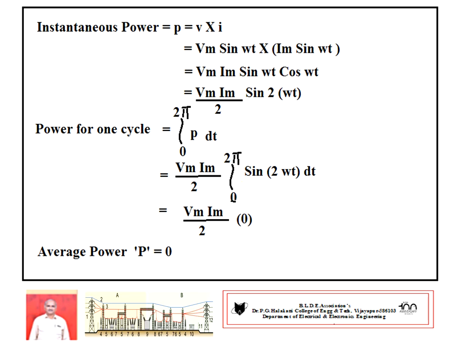Hence finally the average power becomes 0. That means a pure AC circuit with capacitance does not consume any power, or consumes 0 power.